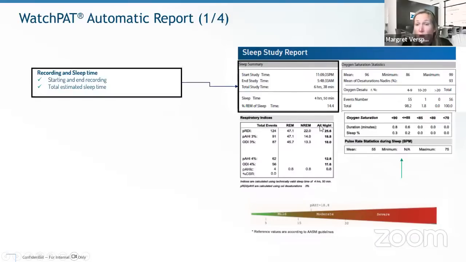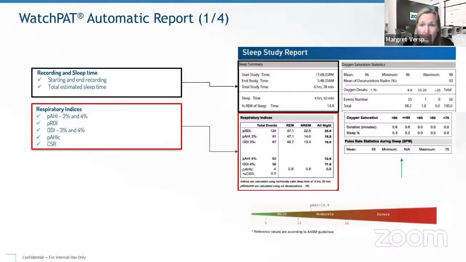So it's only 1.5 hours and you already have indexes. What we say in the Netherlands is that we need at least 4 hours of valid data to give a reliable conclusion. But you need to be aware that the algorithm only needs 1.5 hours.